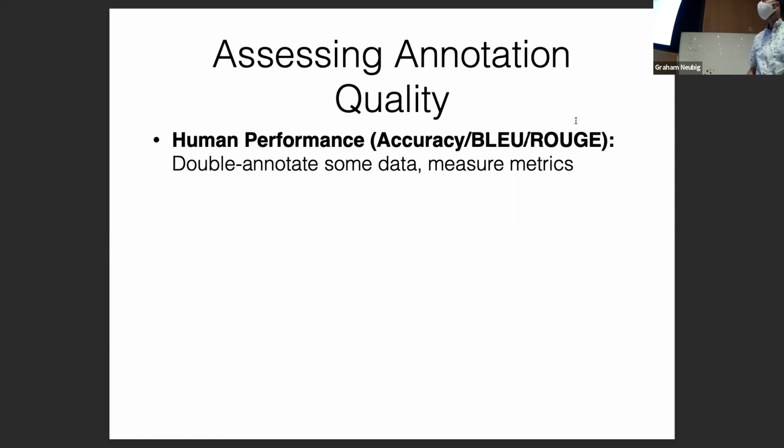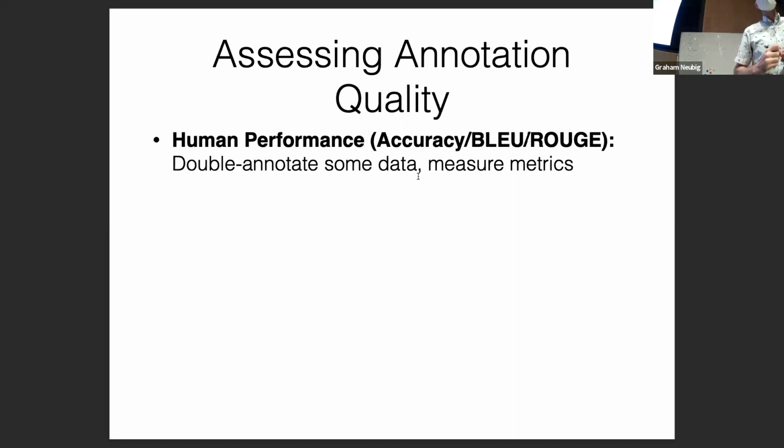So you double or triple or quadruple annotate some data, and see what the score of the human is with respect to all of the other humans. This is good because it makes human performance directly comparable with machine performance. So you can say, well, human performance is here, and my current machine performance is here, so you'd like to improve here.